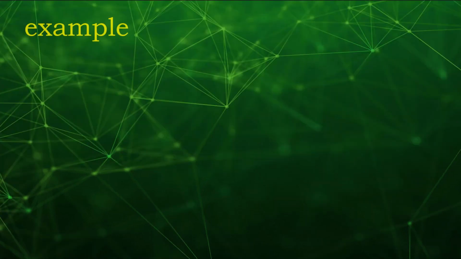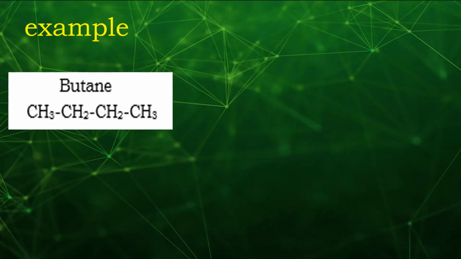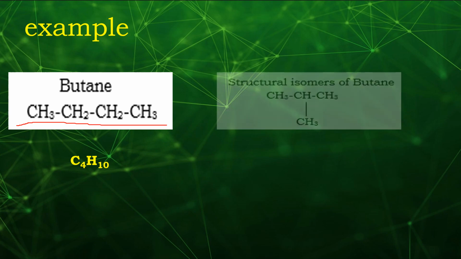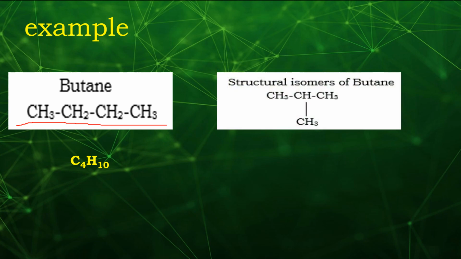Alright, so I have here an example. We have here a butane with this condensed structure. Butane contains carbon 4 and hydrogen 10. And then another butane here. This is the so-called structural isomer. It also contains carbon 4 and hydrogen 10. So what is the difference?